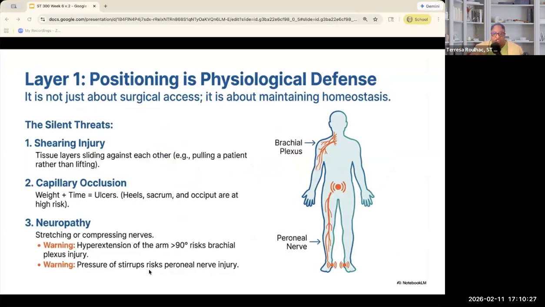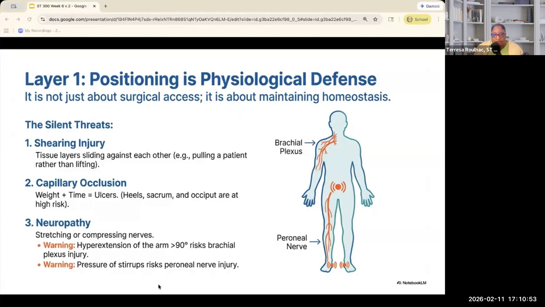Positioning is not about getting the patient out of the way. It's about defending the body while surgery is happening. When a patient is anesthetized, they're not going to be able to complain or even protect themselves. So positioning becomes a form of physiological support for these patients.